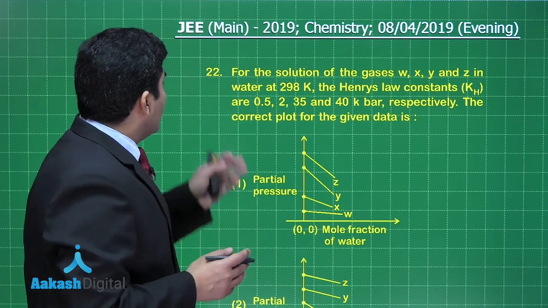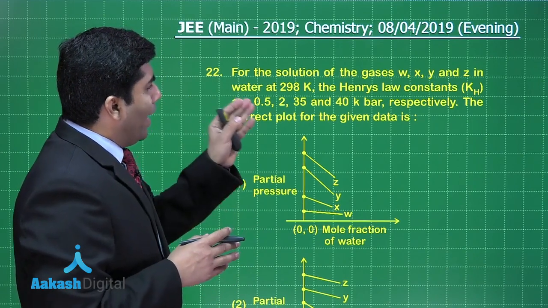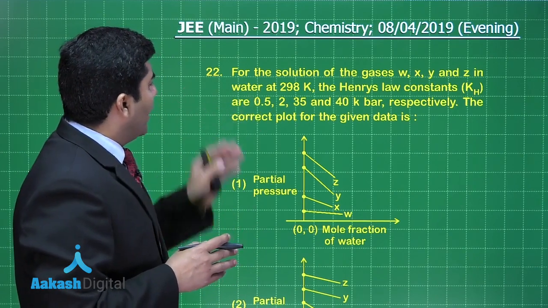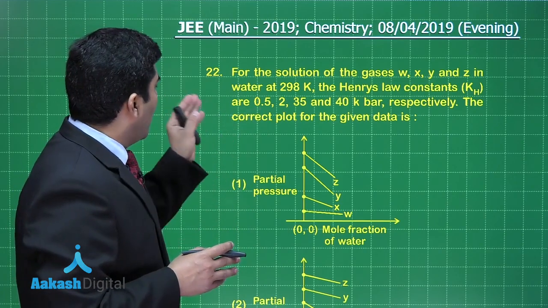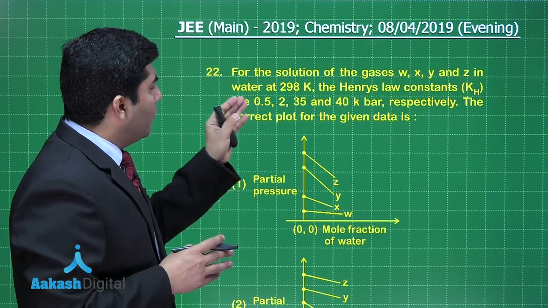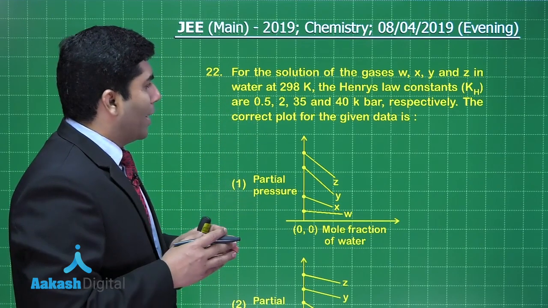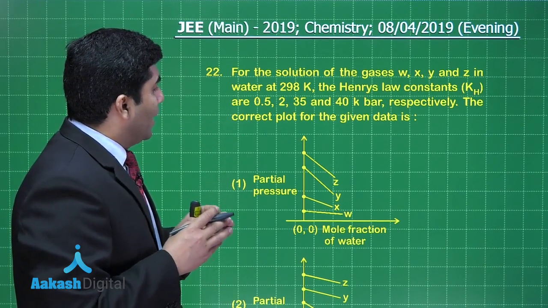Now, this question is asking: for the solution of the gases W, X, Y, Z in water at 298 Kelvin, the Henry law constants KH are 0.5, 2, 35 and 40 kilobar respectively. The correct plot for the given data is.